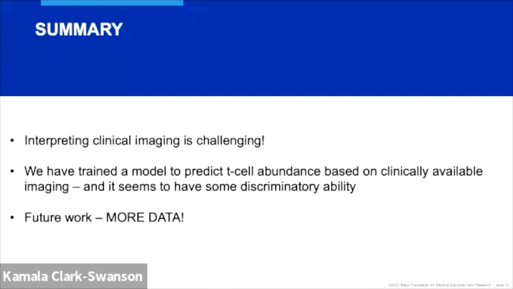We actually did recently get another 50-ish analyzed with bulk RNA-seq. We're hoping to get even more than that, hoping to get more funding for some of that. And we also have connections with a few more immunotherapy trials and their imaging protocols, so that we're hopefully going to apply it there and see if it is more broadly deployable and interesting.